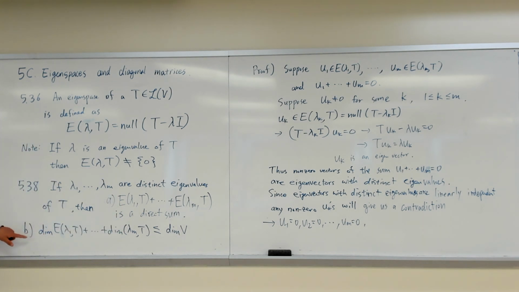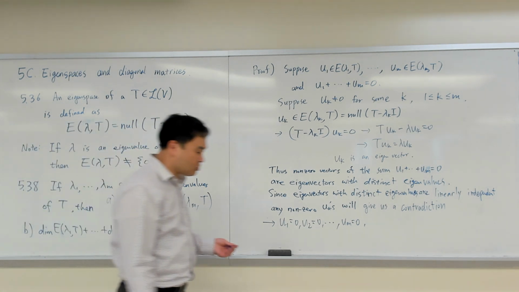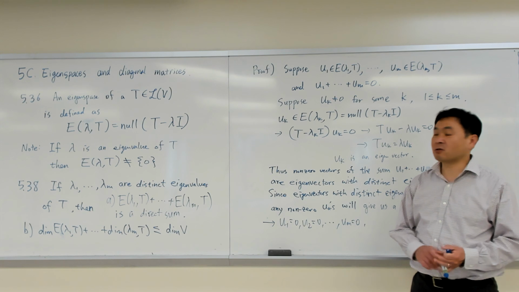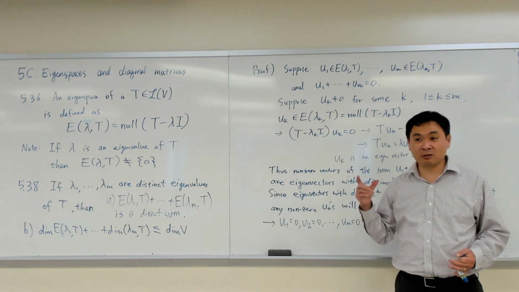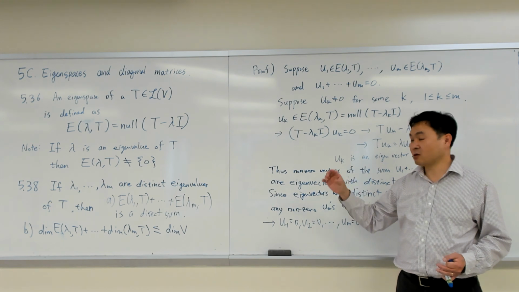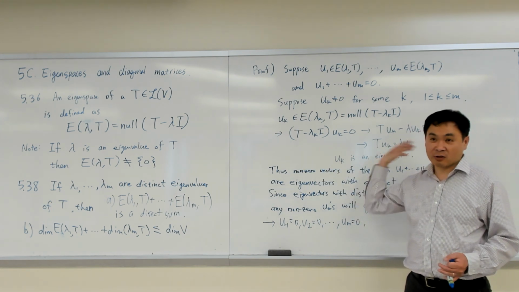Okay, so I'm not going to write a separate proof for this. It's just a consequence of a homework question that we did, where it showed that if you had a direct sum, then the sum of the dimensions of the subspaces is equal to the dimension of the entire direct sum. Okay.